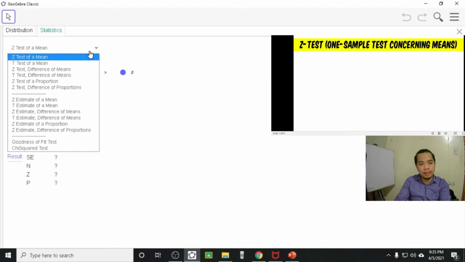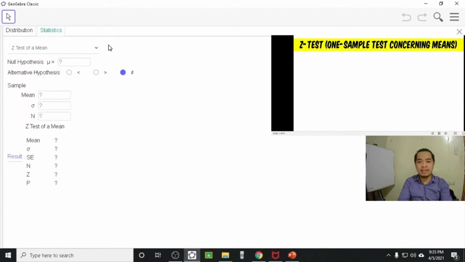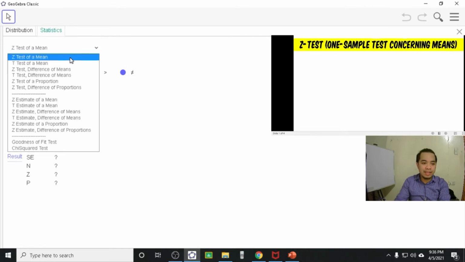We can conduct a hypothesis test. A hypothesis test is a statistical process that we do before we infer about the population based on a sample. The first hypothesis test here is called z-test for a mean, and then we have t-test for a mean. These two tests are for one sample only.